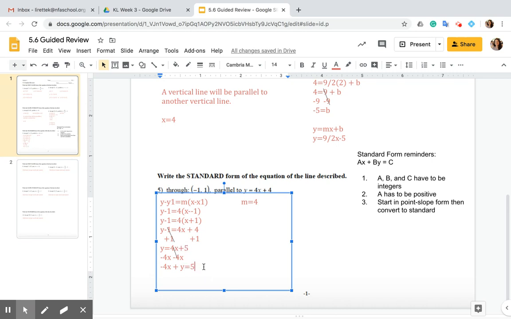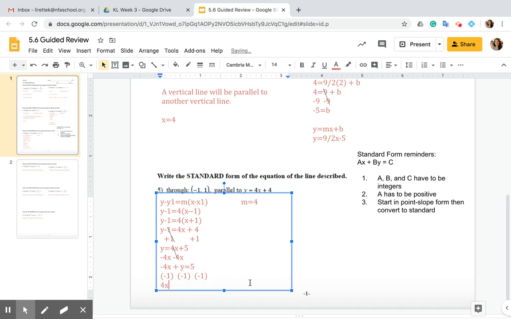So it looks like it's in standard form, but again, refer back to these rules. The a value has to be positive. All of these numbers are integers, but not everything is positive. This a value can't stay a negative. So what I'm going to do is multiply all terms by -1, and that'll cancel out the negative for the a value.